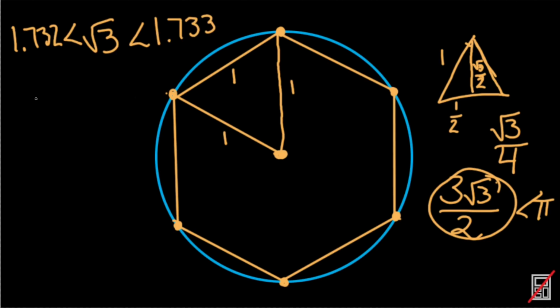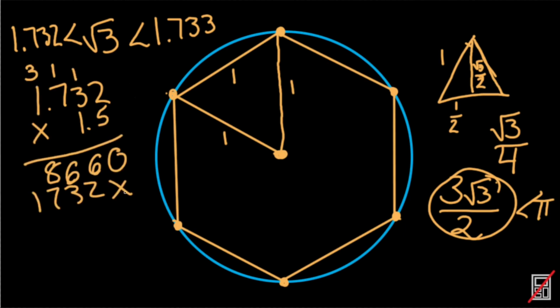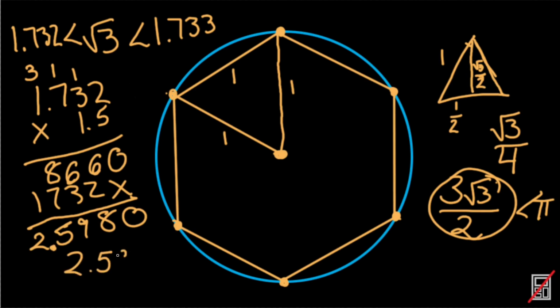So from that, we can get, multiplying both sides by 1.5, 1.732 times 1.5, and we get 2.59 less than pi. A little bit better.